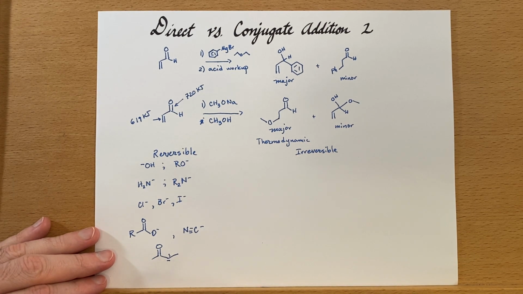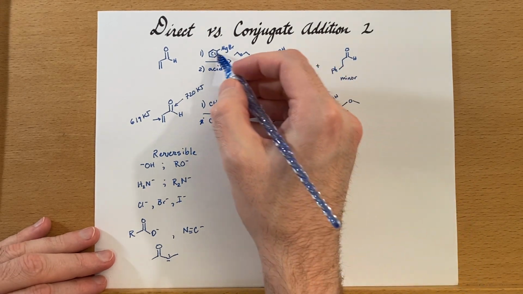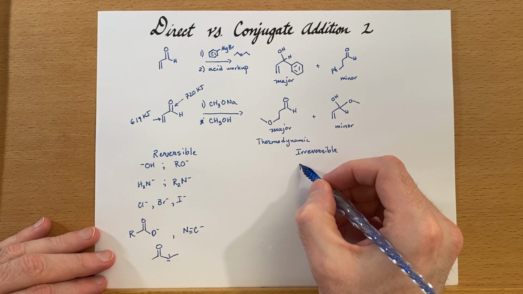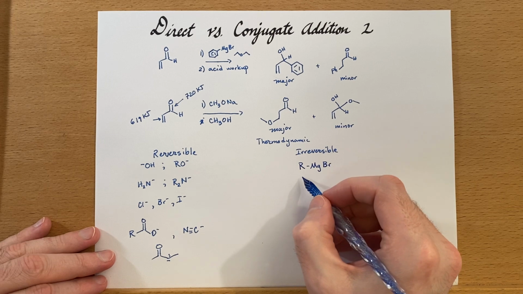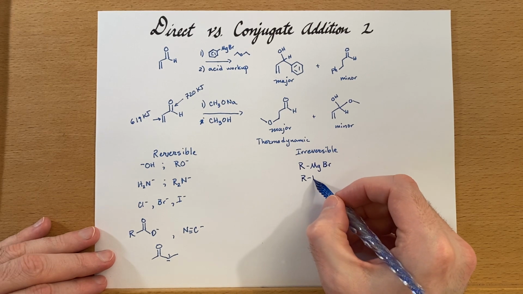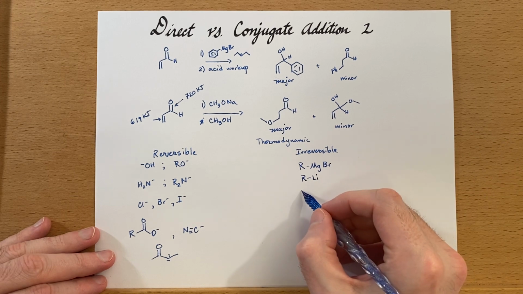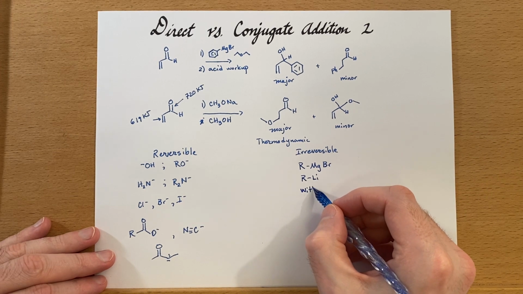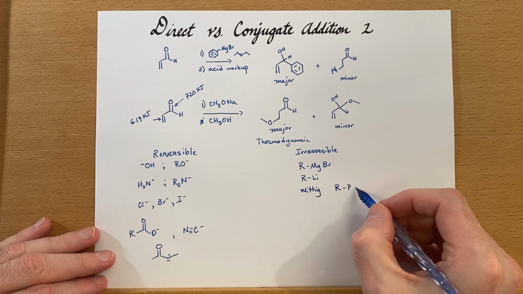Then we come over to things that are irreversible. When it attacks, it's not going to let go. So our Grignard reagents, our organolithium reagents, these are very strong nucleophiles right here. Wittig reagents, those are very strong nucleophiles.